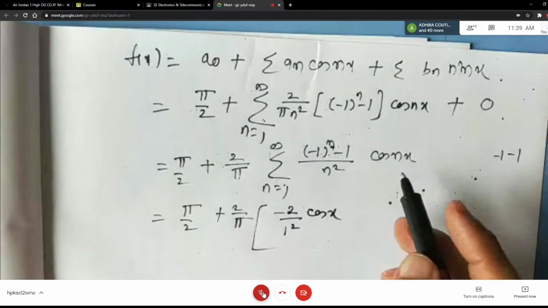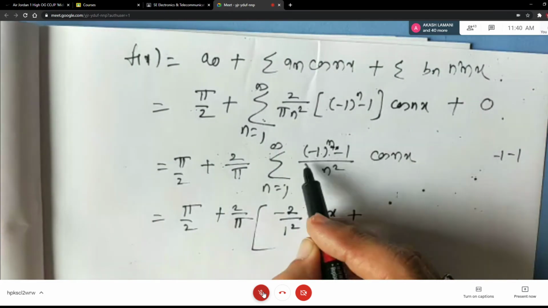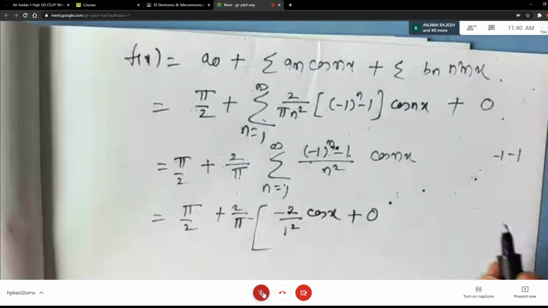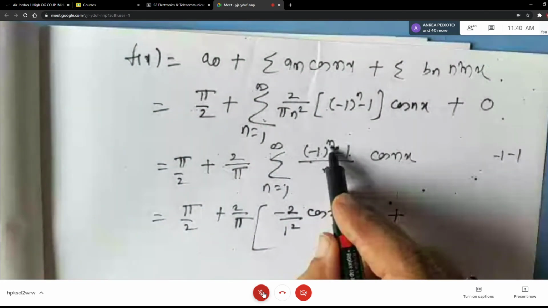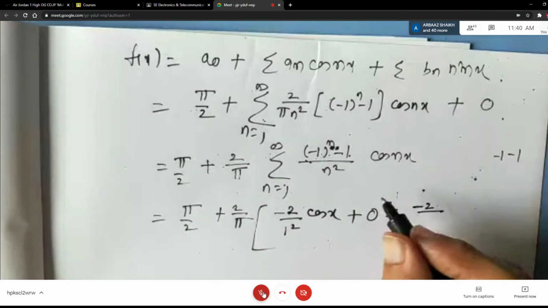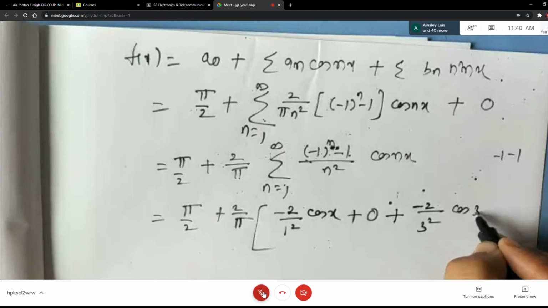Then put n equal to 2. So what happens? Negative square is positive 1. 1 minus 1 is 0. So for n equal to 2, the term will be 0. Then put n equal to 3. Minus 1 cube is minus 1. So minus 1 minus 1 is minus 2. So it is minus 2 by 3 square into cos of 3x.